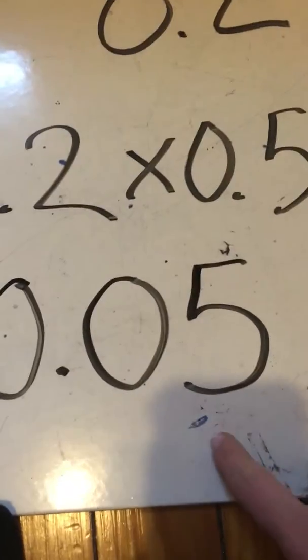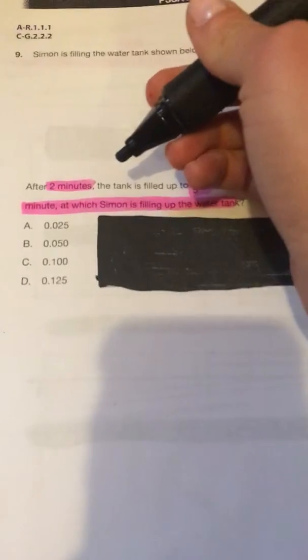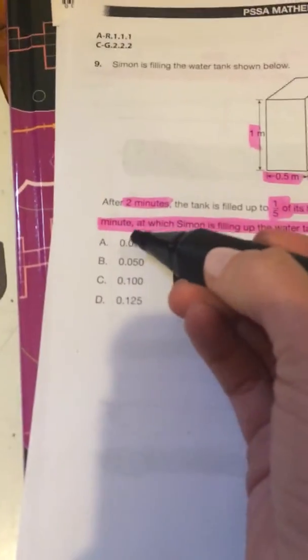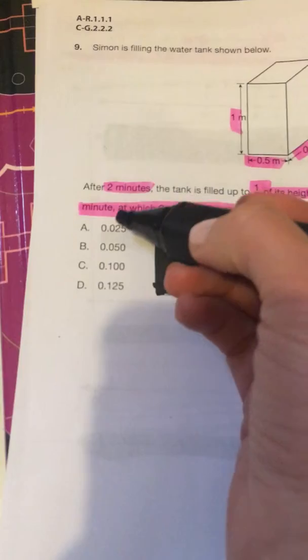What this 0.05 represents is that in 2 minutes, our tank has filled up 0.05 cubic meters. However, if we go back to our question, it says, what is the rate in cubic meters per minute? Not in 2 minutes, we want 1 minute. So what we have to do now is set up one of our favorite things called a ratio.